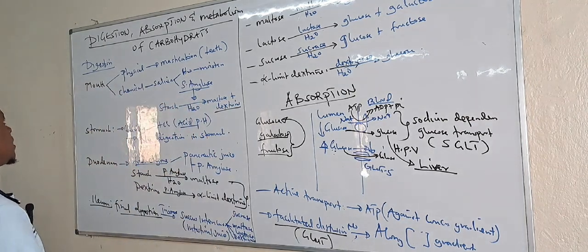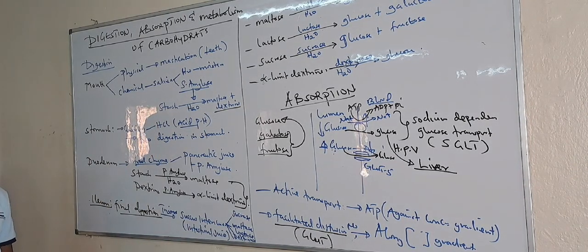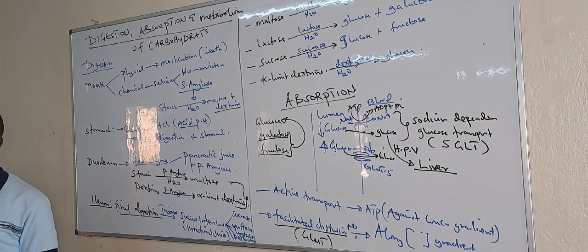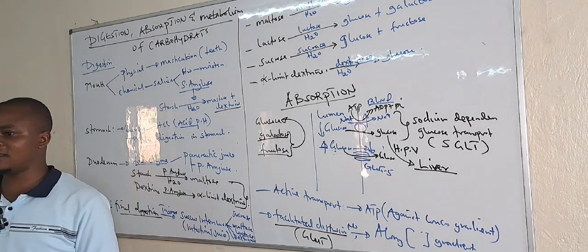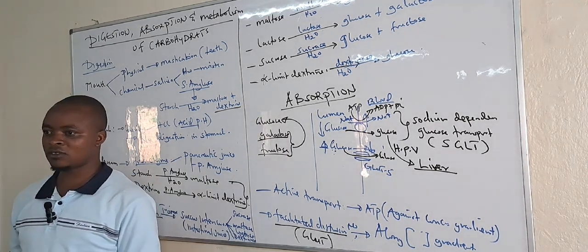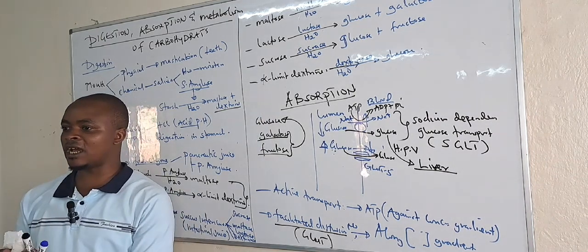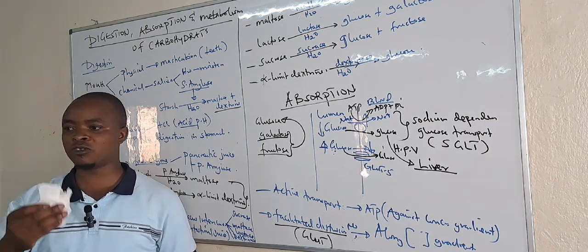So lastly, it is metabolism. Lastly is metabolism of carbohydrate, or you can call it utilization. Sometimes in exams in Uganda, especially in allied health exams, they normally ask utilization. They ask you, describe utilization of glucose.